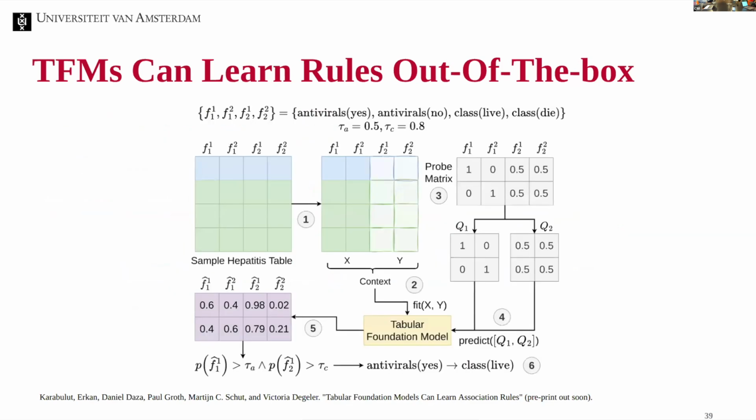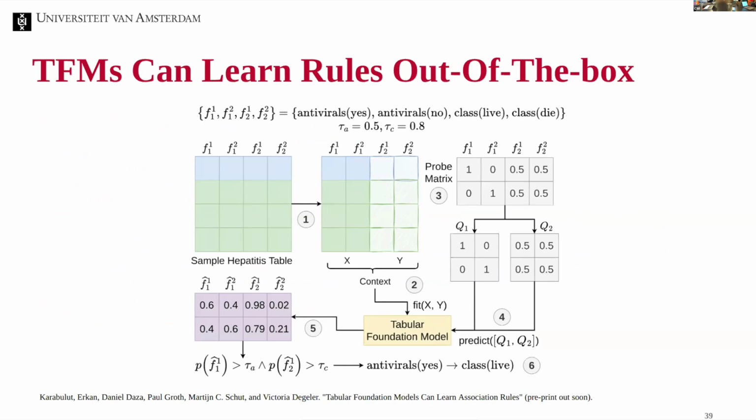And then what we have done is that we say that any tabular foundation model with a classification objective can be used out of the box to learn association rules. This also addresses the low data scenario because tabular foundation models are trained on millions of tables. So, given this table, we split it into context and query, as in tabular foundation models, and we fit this into a tabular foundation model.